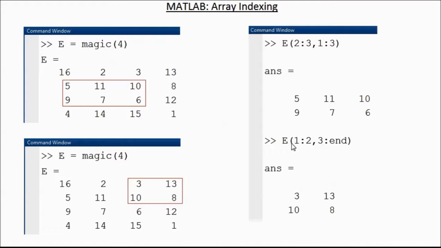Likewise, with the syntax E(1:2,3:end), end takes the last value that the index can take. Here it is 4. So E(1:2,3:end) gives me this matrix from the first and second rows and third and fourth columns. It cuts out this particular matrix highlighted here and returns it to the command window variable ans.